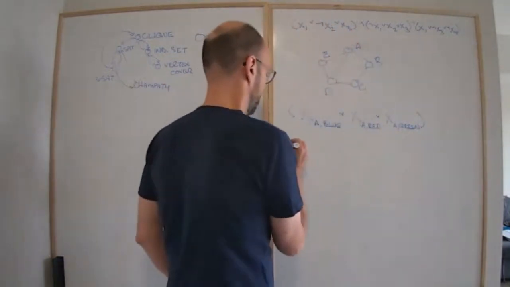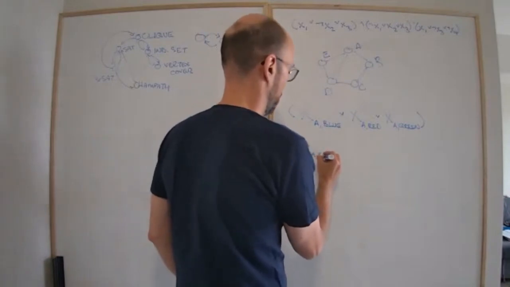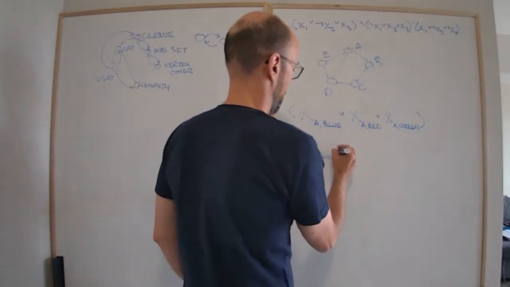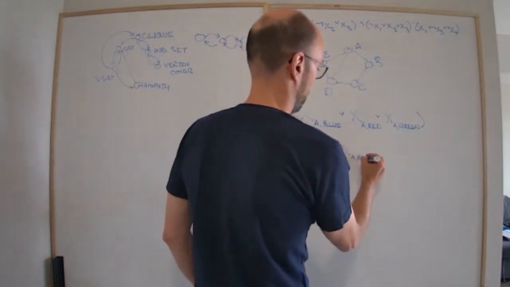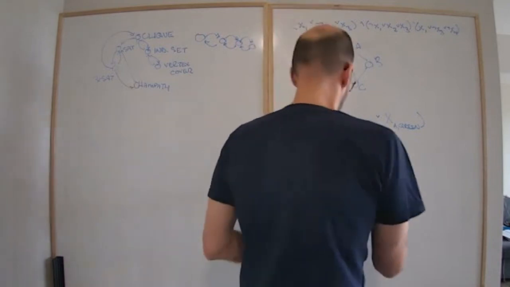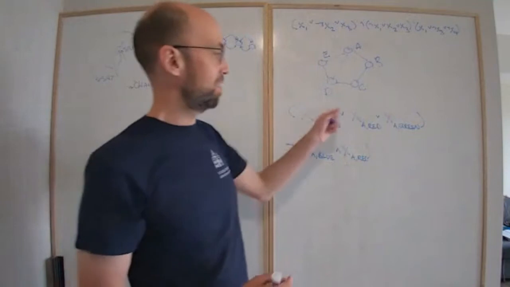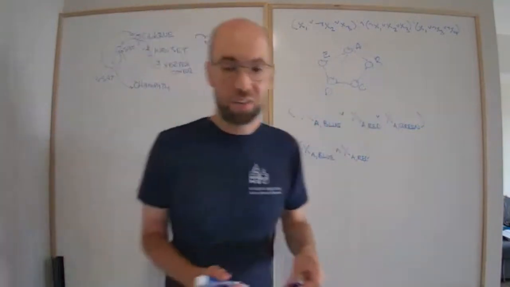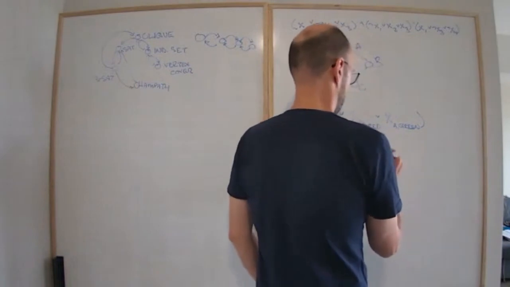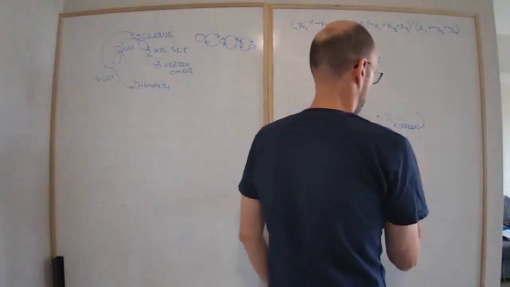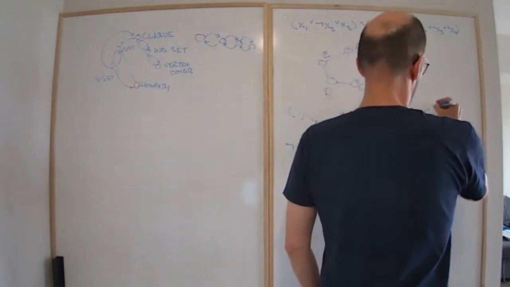You're going to have stuff that says it's not the case that XA blue and XA red, and not XA blue and XA green, and not XA red and XA green, etc. So this is saying every vertex has a color.